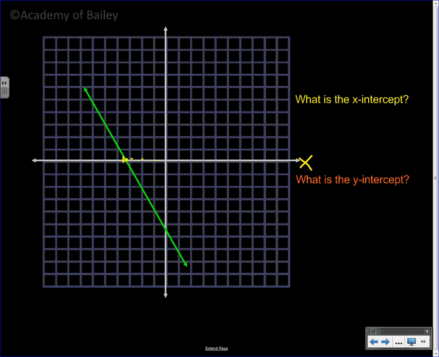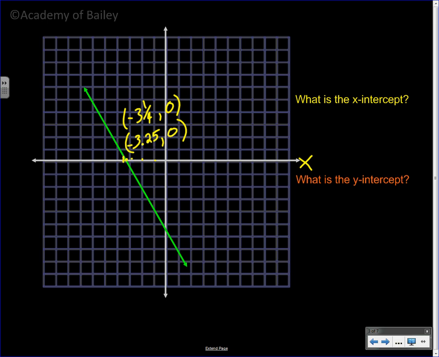So it looks like it might be -3.25 maybe. That's the x-intercept. Or you could say -3 1/4. Either one of those are the same.